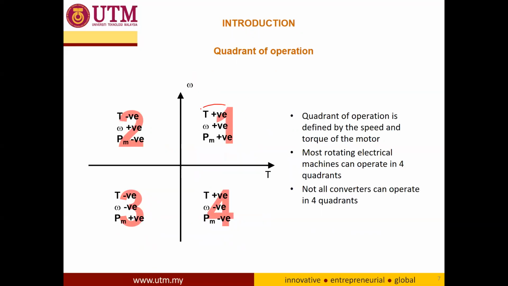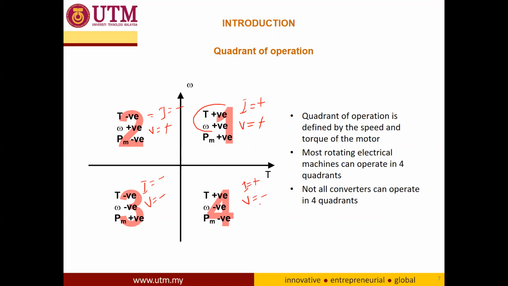In this one, I must be positive, P also positive. In this one, current must be negative and voltage is positive. In this one, current is negative and voltage is negative. In this one, current is positive and voltage is negative.